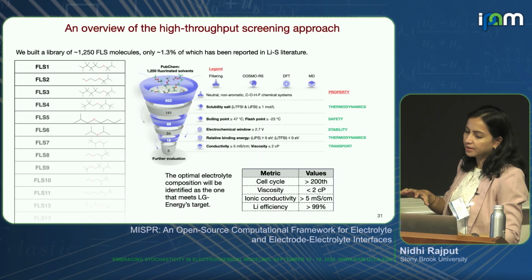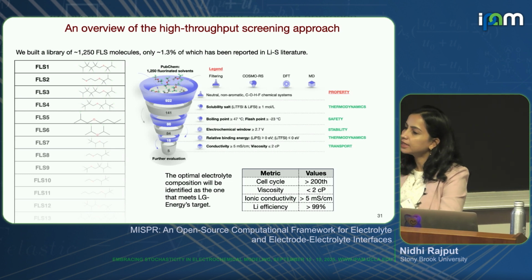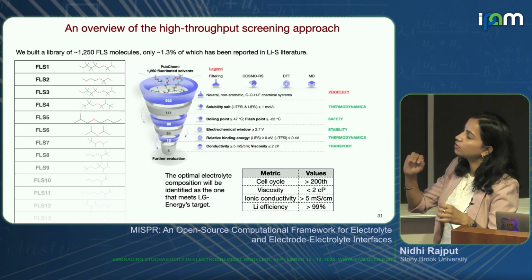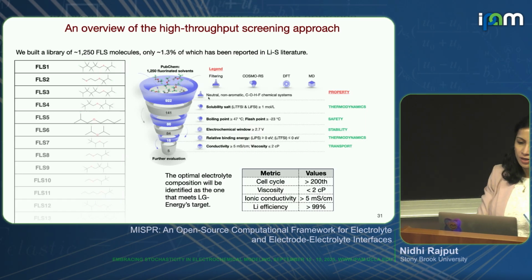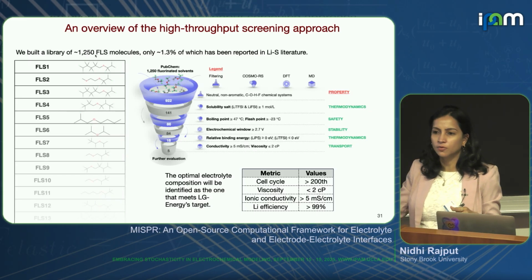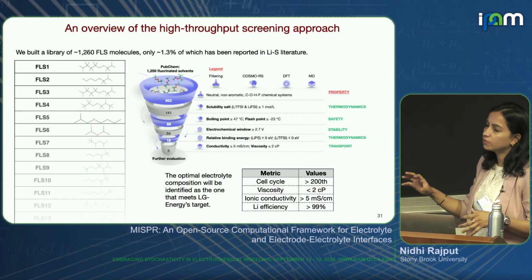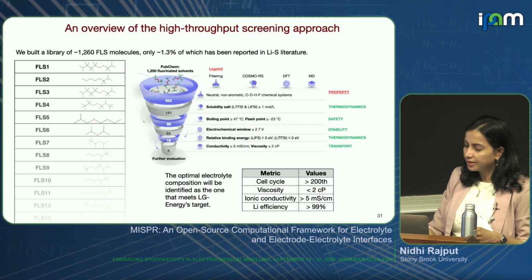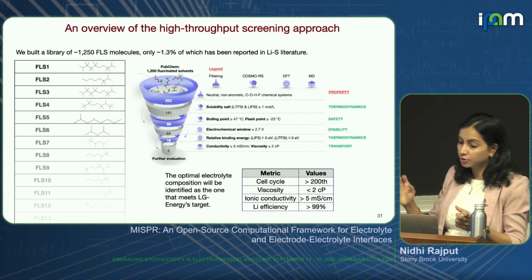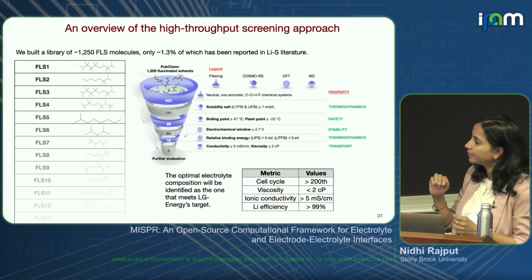Okay, so the next step, we dug deeper into one of the chemical classes, the fluorinated solvents. We prepared an initial library of around 5,000 fluorinated solvents and screened them down to 1250 solvents based on a similarity measure index with the solvents which have already been tested in the literature. Out of 1250, 14 solvents have been tested in the literature so far, and we employed a bunch of different calculations with several different properties to systematically down-select them.